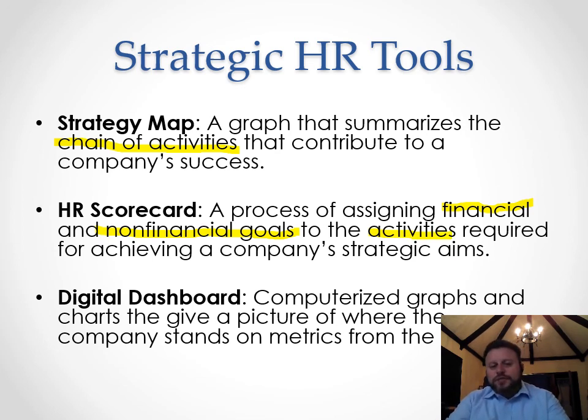So for each activity that Sony does, how do we measure if it's going well or not? How's the advertising team doing? If the CEO comes to us in HR and says, how's the advertising team doing? We can't just say, oh, good. No, what's their score? And what does that score mean? And how is that score created? And the dashboard, which is the metrics, and that is how do we get all these numbers for each activity.